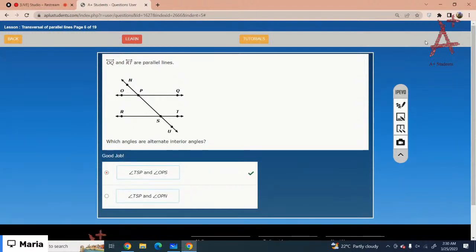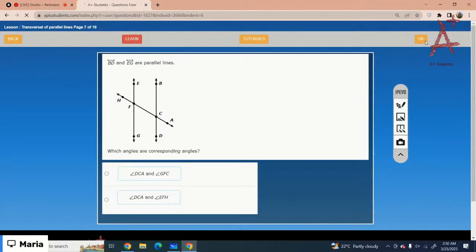Okay, the next one is BD and EG are parallel. Which angles are corresponding angles? Corresponding angles are DCA and GFC.